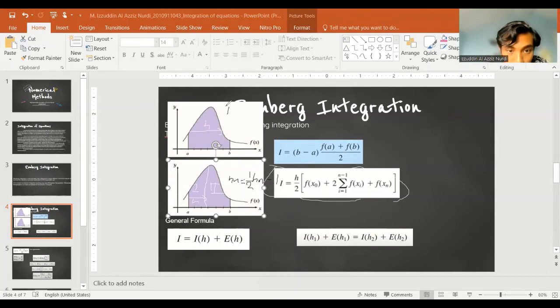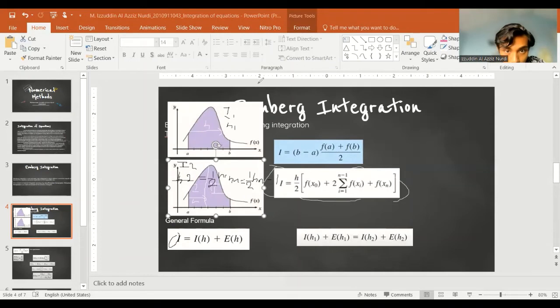You can take an example: let's say I1 is integration 1 with step size H1, and this is H2. We can say H2 is half of H1. And this is a general formula.